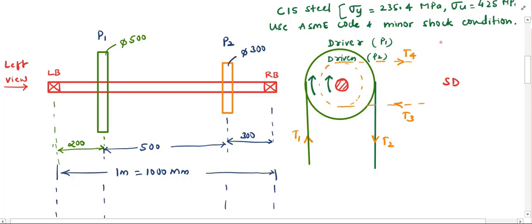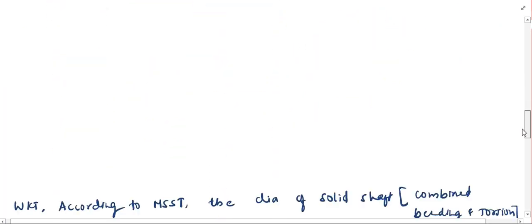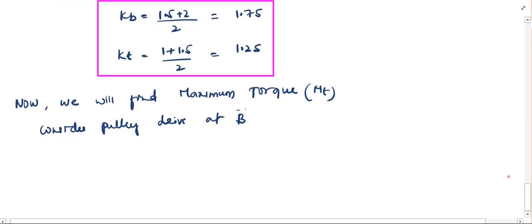So here this is A, this is B, this is C, and this is D. For reference I need some indications, so those are the four points A, B, C, D. Okay, let us proceed. Here consider the pulley drive at B. Therefore, the maximum torque at the first pulley is equal to T1 minus T2 into the radius of pulley 1.